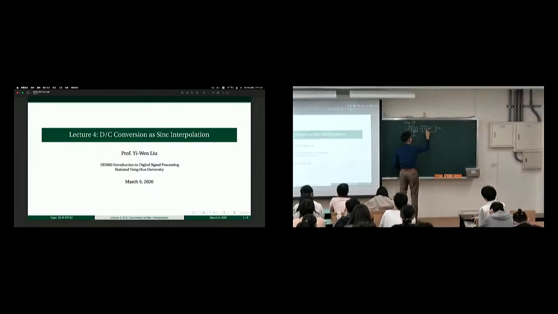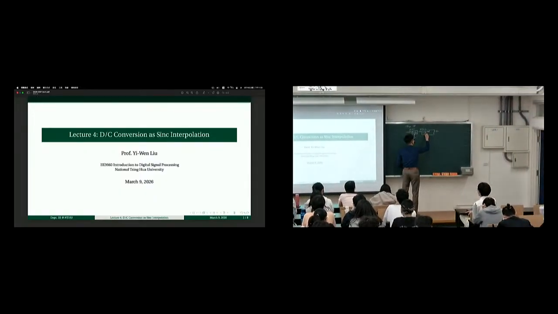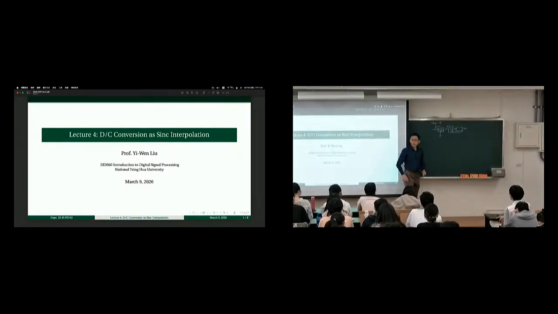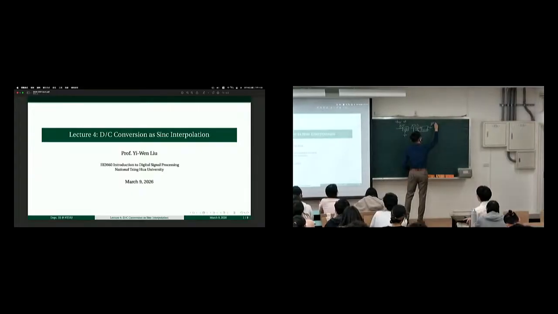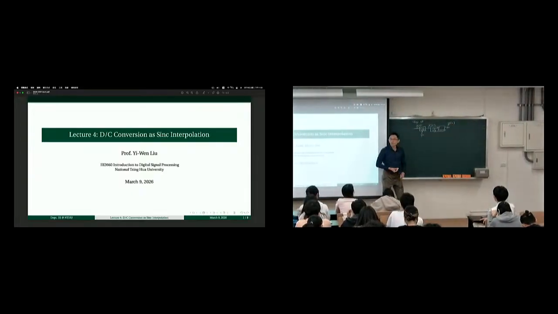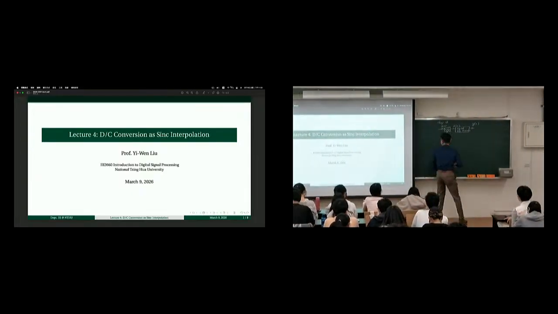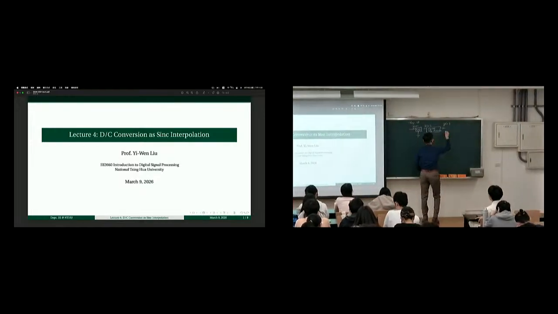We can start changing it, processing it, and whatever comes in the middle is called digital signal processing. So we have input, and after this processing, the output, if we denote it as y[n], then we are ready to go back to the analog domain by doing D2C conversion.